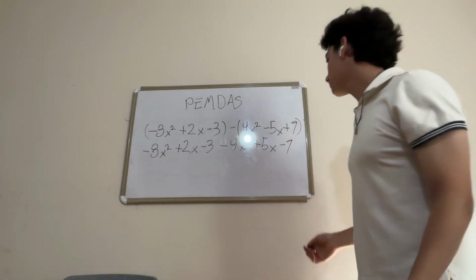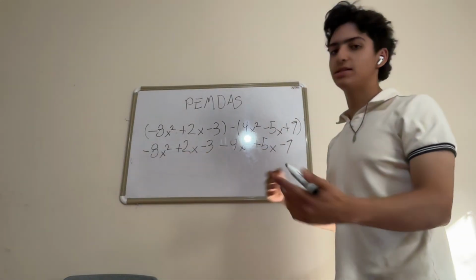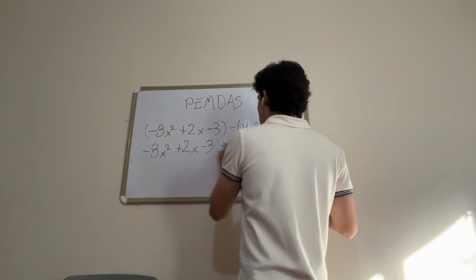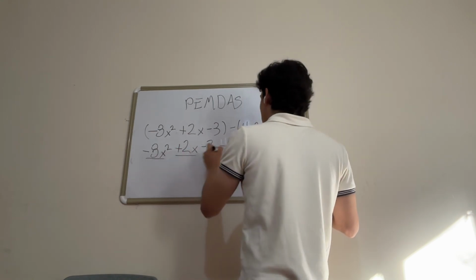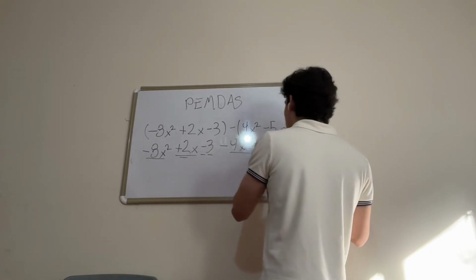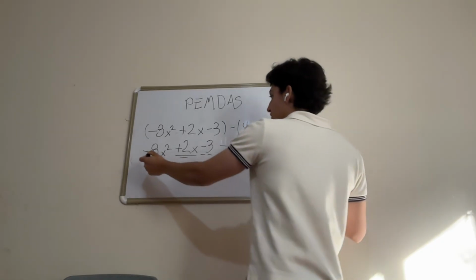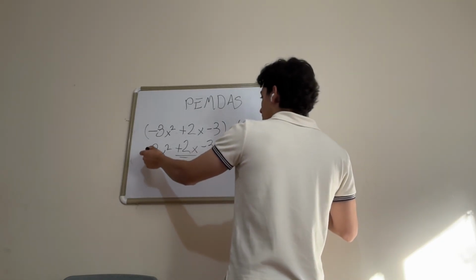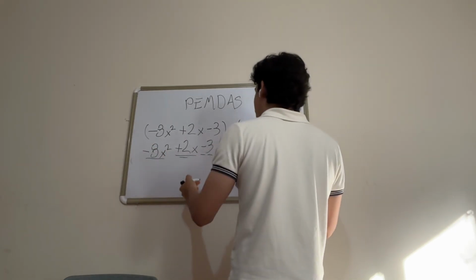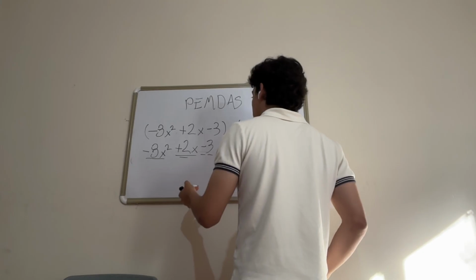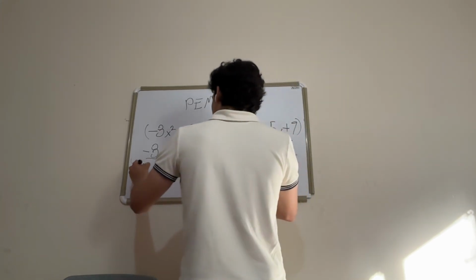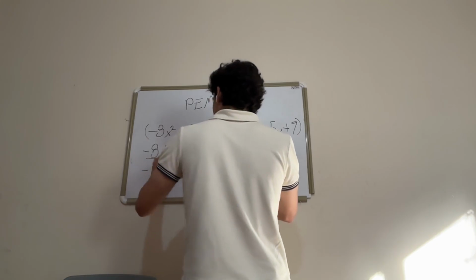So there you go. Now we're going to do the same thing we did previously, which was identify the like terms, the terms that are similar. In this case, is this one, then this one, and this one, and this one, and this one. So let's just add them up. In this case, is this 8x squared minus this. It's going to be 12, 8, 9, 10, 11, 12, yeah. 12 minus 12x squared.